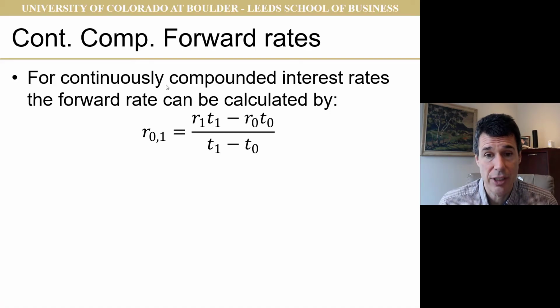I'm not going to do that derivation here. You can find the derivation in the notes if you want. But again, pretty straightforward application of two formulas, forward discount factor formula and the discount factors for continuously compounded rates. And you basically take a natural log and away you go, and out drops this formula.